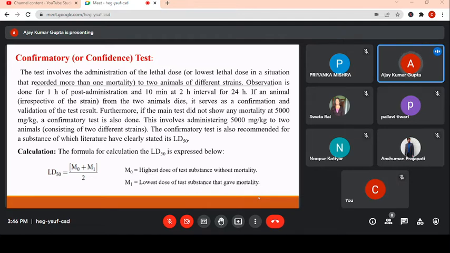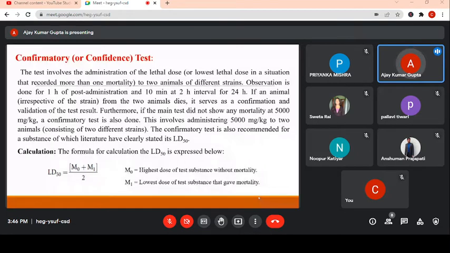And in stage 2 and 3, the animals were reduced. And for this confirmatory test, only 2 animals. The number of animals is continuously reducing. So 2 animals, and both the animals are of different strain.